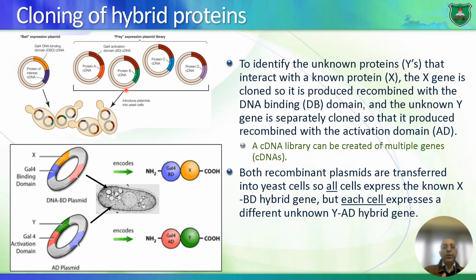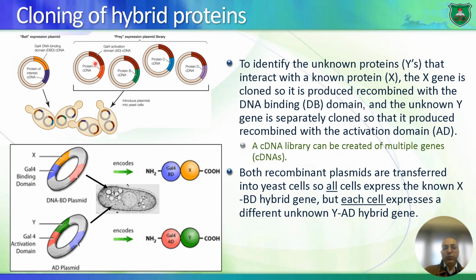So we can have a plate that has a lot of yeast colonies. Some are white, some are blue. And I'm interested in the blue colonies. Okay, so what we do is we take these blue colonies and we isolate the plasmids and we see the identity of the gene that is contained in these plasmids. Now, each yeast cell or colony would have one of these plasmids.